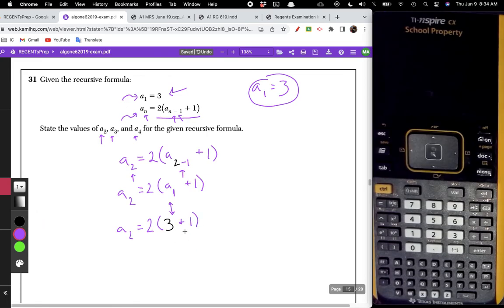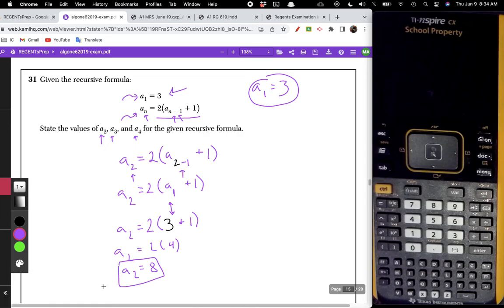And now we just follow our PEMDAS and do the multiplication and the addition in the parentheses, right? So I'm going to know that a2 is really 2 times 3 plus 1, which is 4. And 2 times 4, we found that a2 is 8. So that's one of our answers.